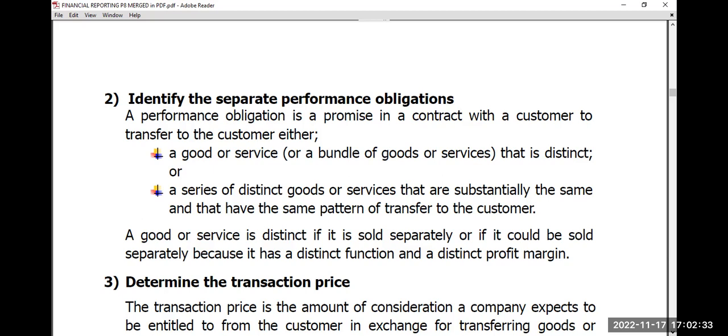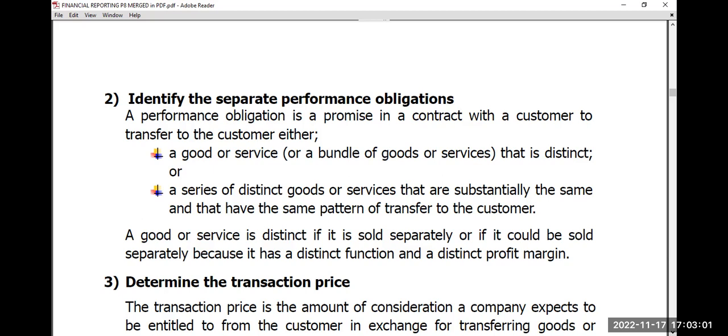What this means is that for something to be called distinct, first of all, it should have a value. If I'm to sell this item, I'll sell it at this amount, and when I sell this item, I'm getting a profit component from it. That's basically what we mean when we talk about distinct.